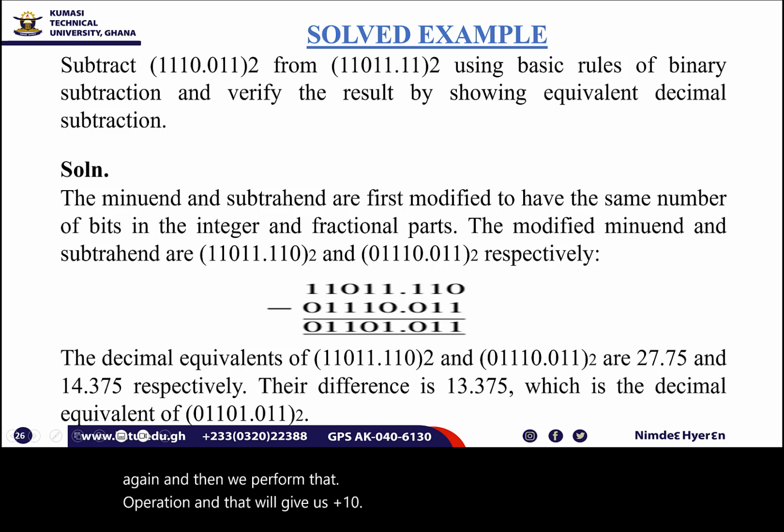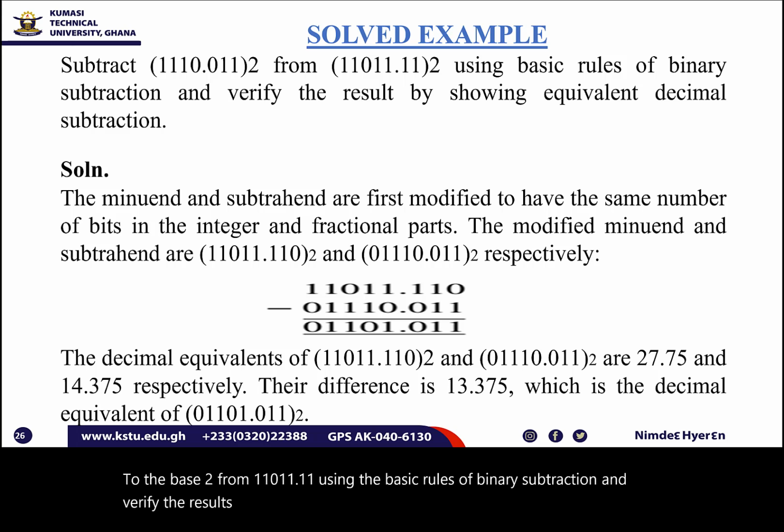Now let's look at this example here. Subtract 1110.011 to the base 2 from 11011.11 using the basic rules of binary subtraction, and verify the results by showing equivalent decimal solution.